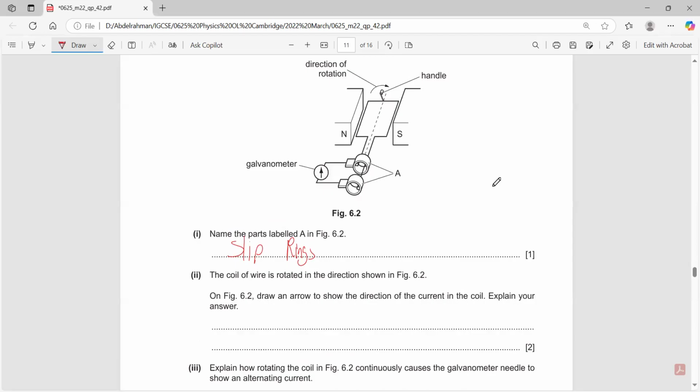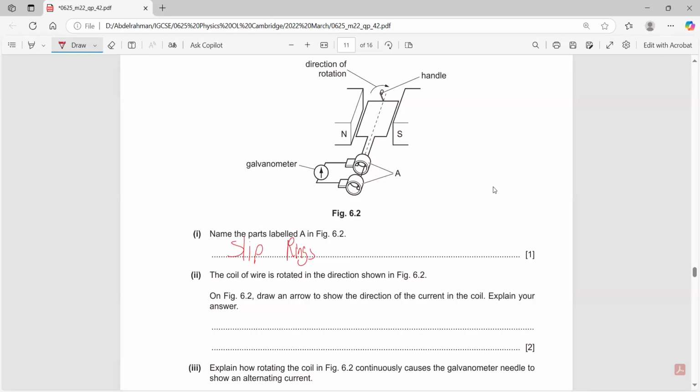This is a generator, so I'm using Fleming's right hand rule, right? First finger, the index finger, is from the north to the south, pointing to the right. And then the second finger, the middle finger, is the direction of the current. I do not know the direction of the current yet, but I do know the direction of the force.